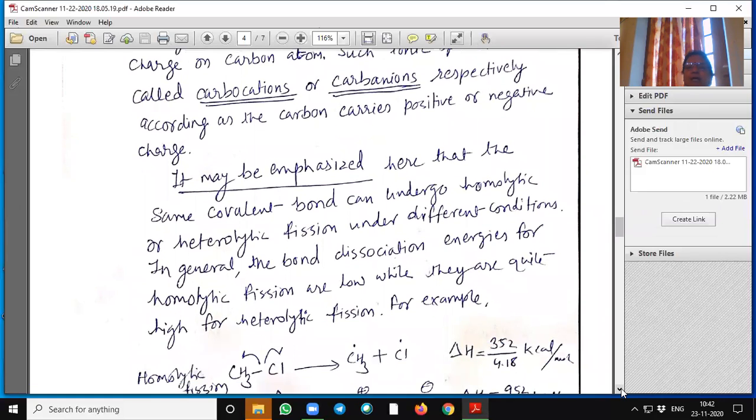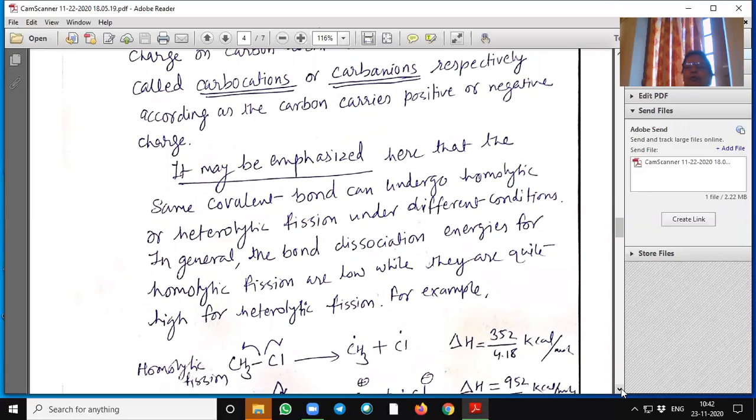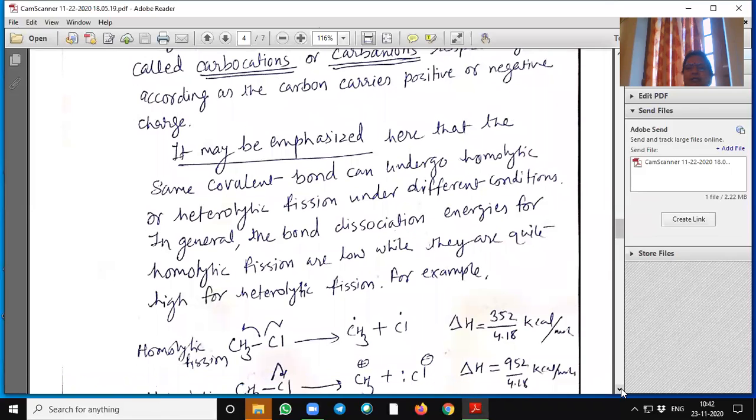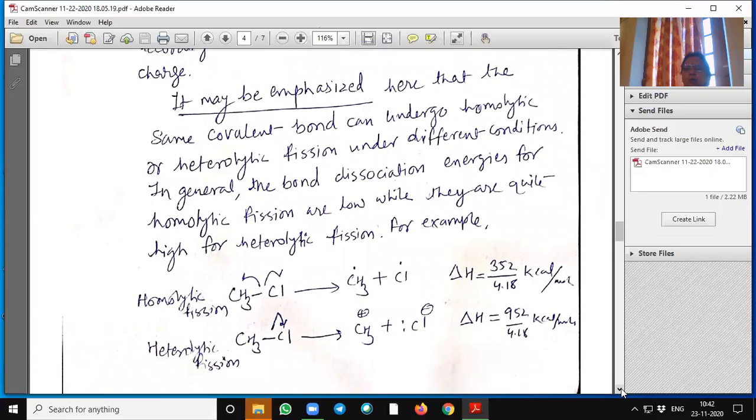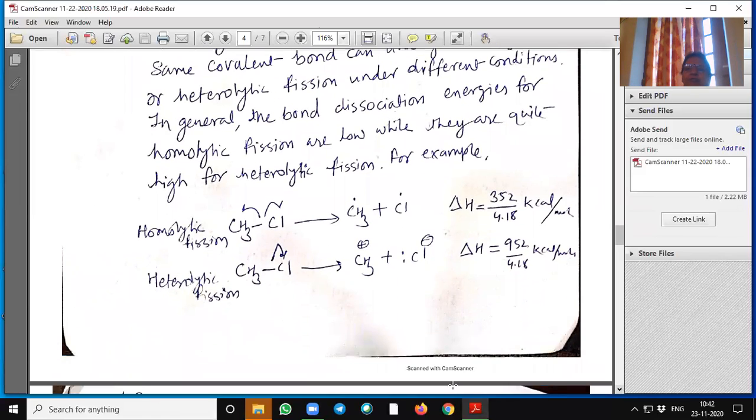It may be emphasized here that the same covalent bond can undergo homolytic or heterolytic fission under different conditions. In general, the bond dissociation energies for homolytic fissions are low, while they are quite high for heterolytic fission. For example, see here, this is methyl chloride, where homolytic fission requires low energy compared to heterolytic fission here.